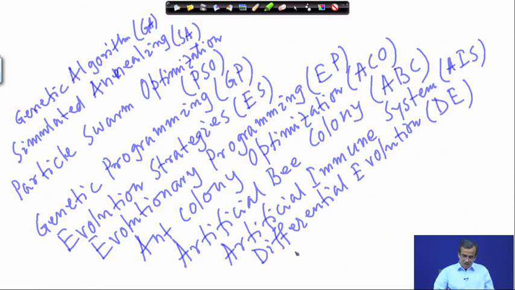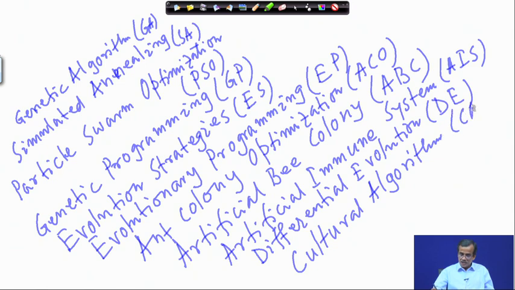We have got algorithm like cultural algorithm, in short CA, and many other like BAT algorithm and others. There are so many algorithms.